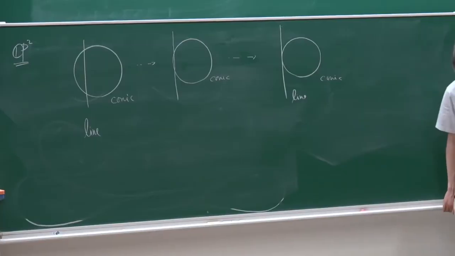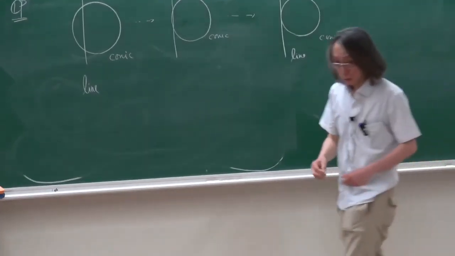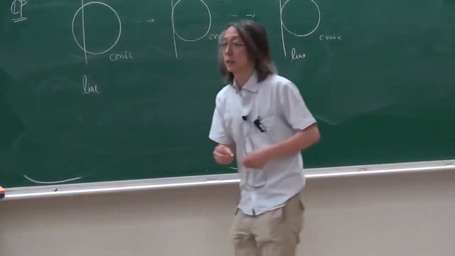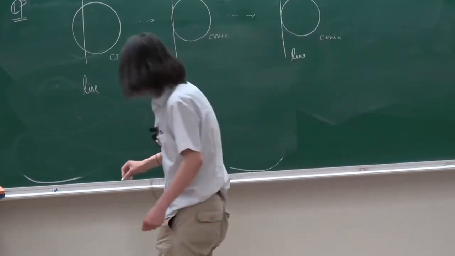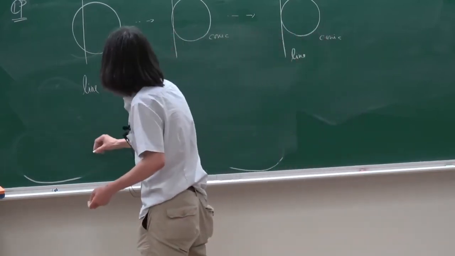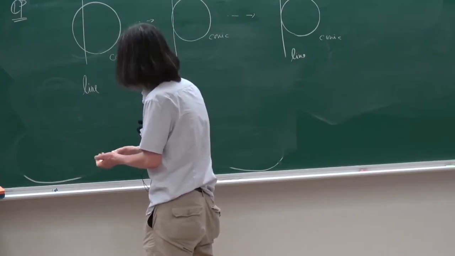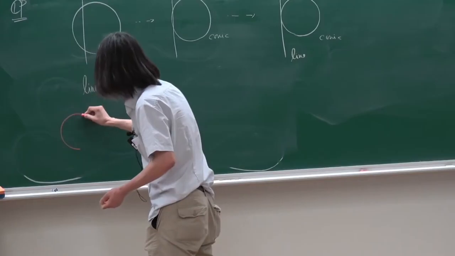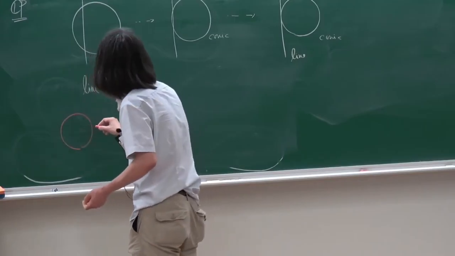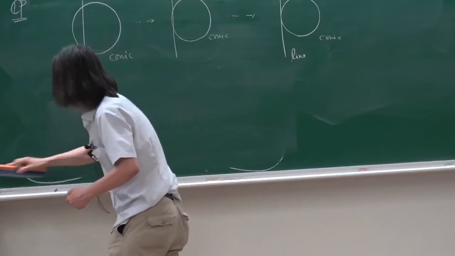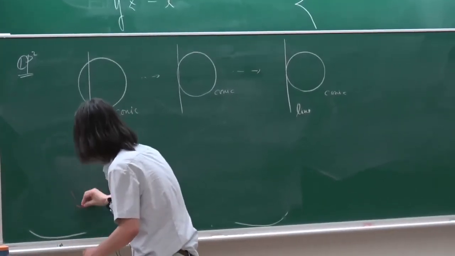So the conic is a rational curve, and the line is a rational curve. Therefore, I may write the following.